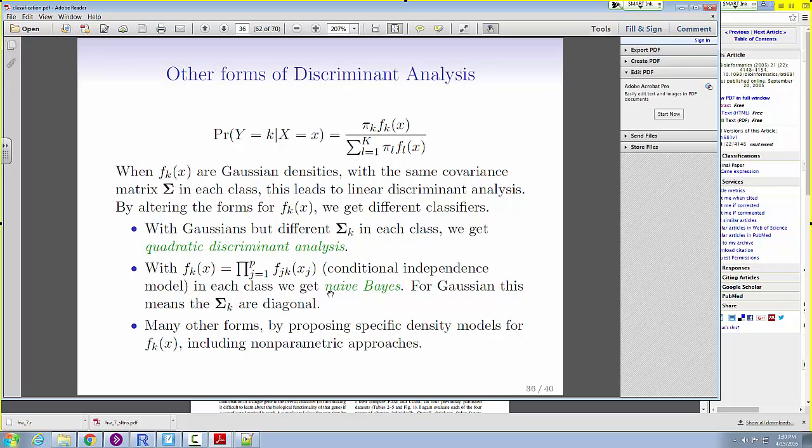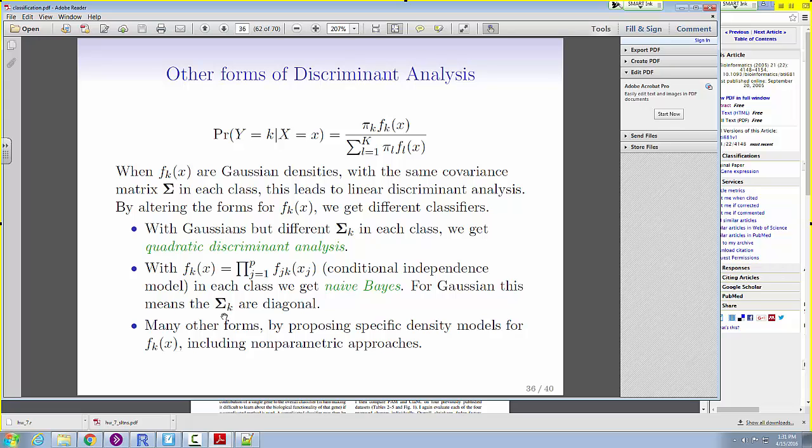Naive Bayes is another take on the LDA model. Instead of a covariance, it assumes that all the features are independent. If all the features are independent, there are no covariances. Covariances are just scaled versions of correlations. So if x and y are independent, they're not correlated, in which case capital sigma is a diagonal matrix.